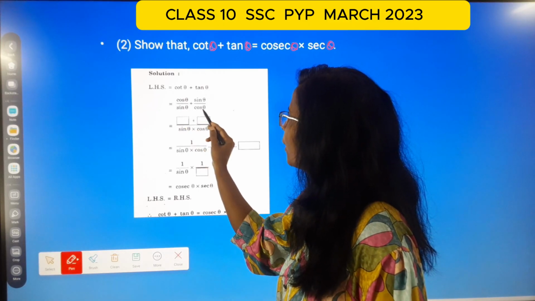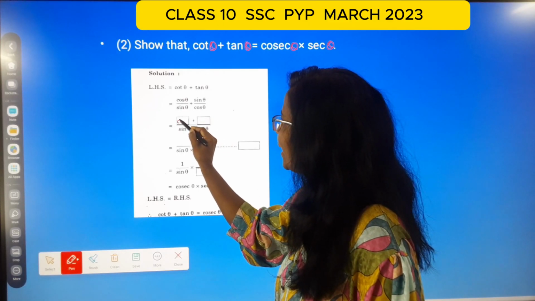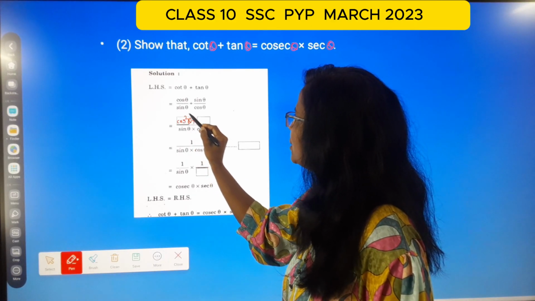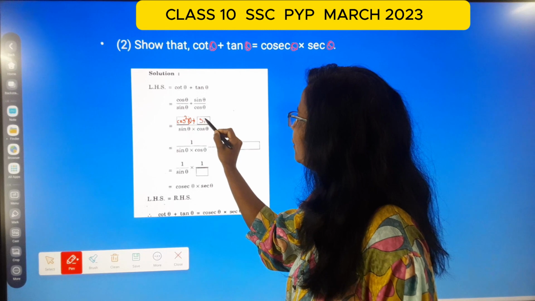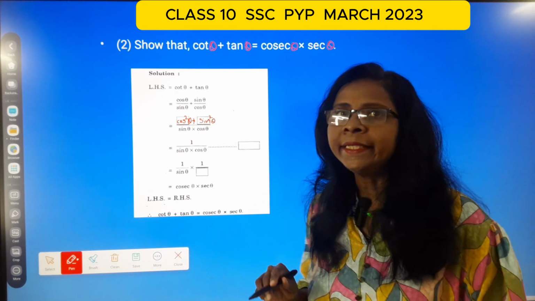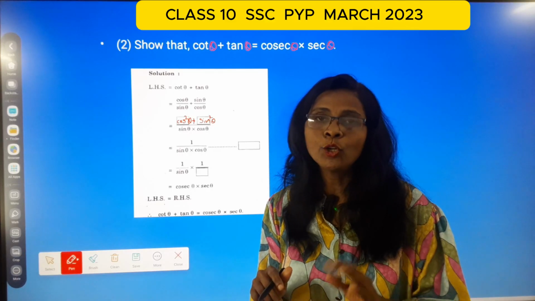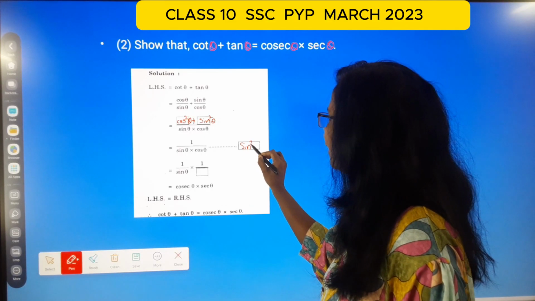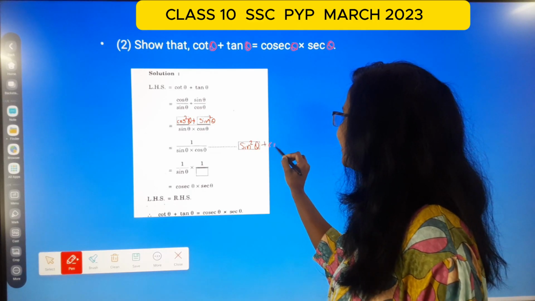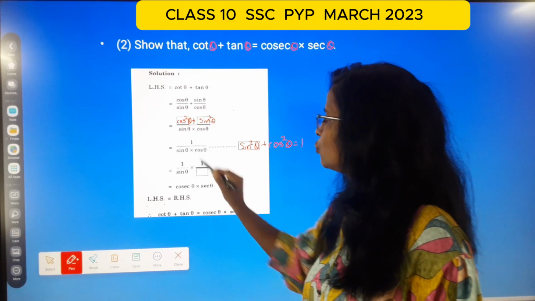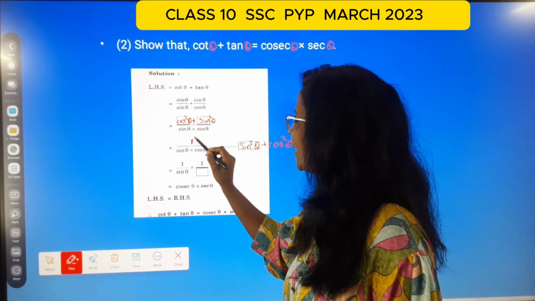So we write cos square theta plus sin square theta. Now we know the first trigonometric identity: sin square theta plus cos square theta is equal to 1. So we can write 1.